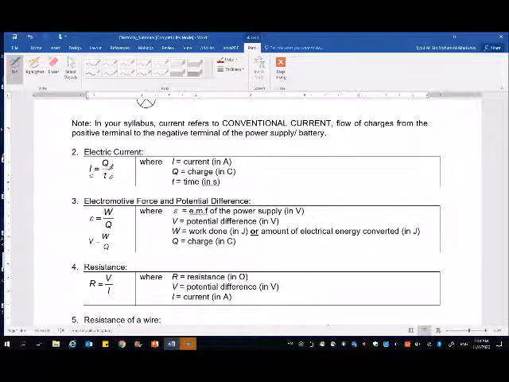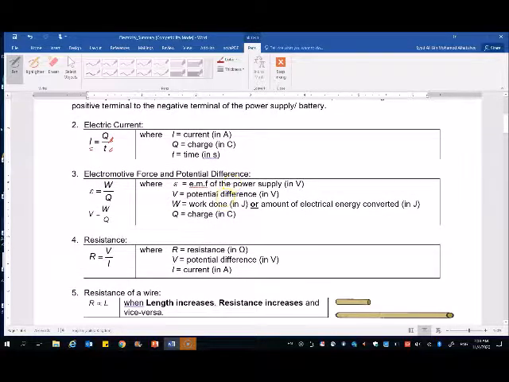Next we talk about voltage. Before you can even have a current, you must have a voltage. There are two types of voltages. One is the EMF. The other one is the potential difference. EMF refers to the work done needed to push the charge around the whole circuit.